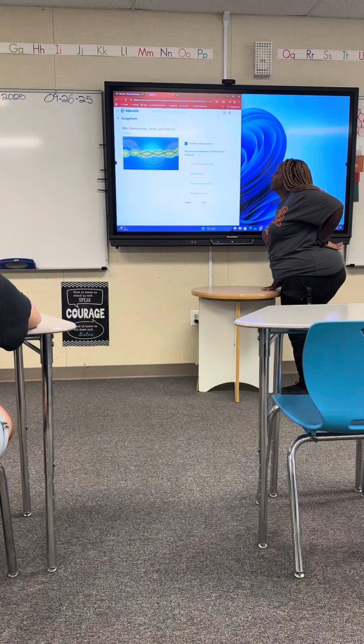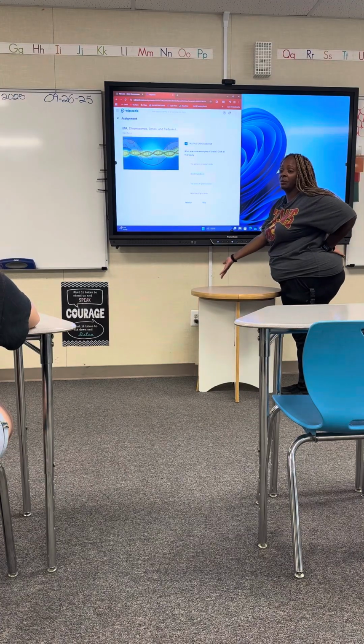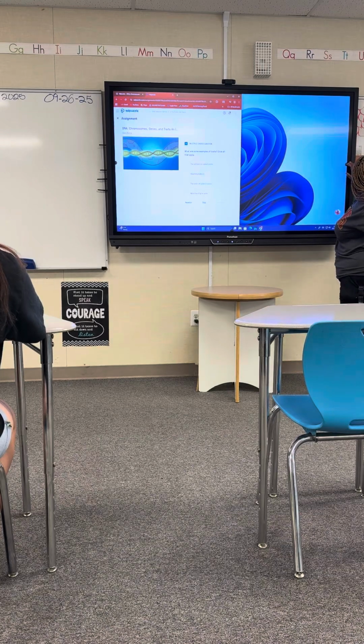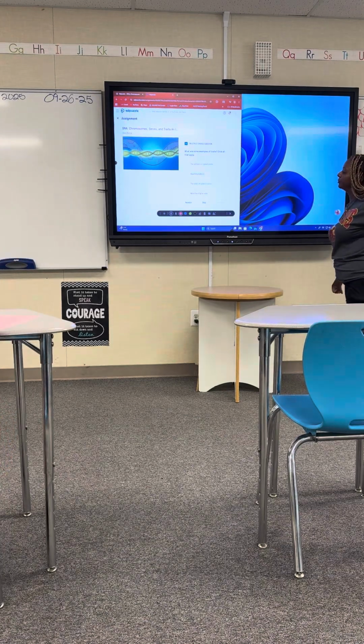What are some examples of the traits? Click all that apply. Can you please come up here and click them all, the ones that apply? Can I bring my paper? Yes, you may. Thank you for asking.